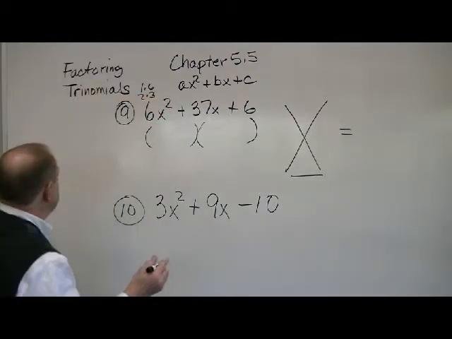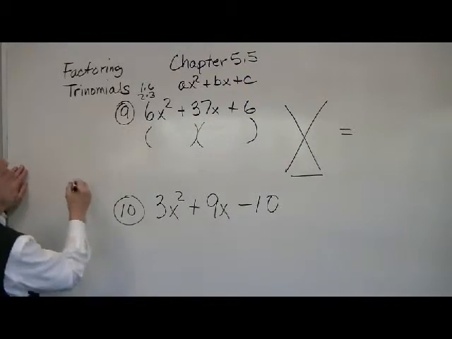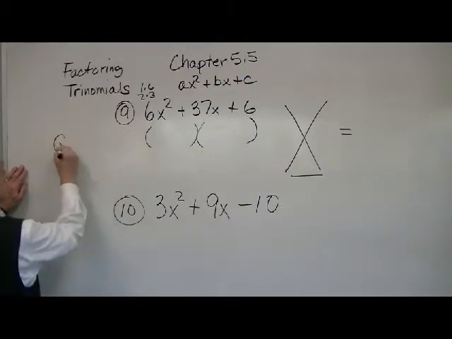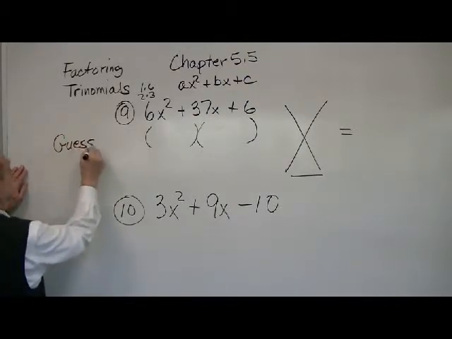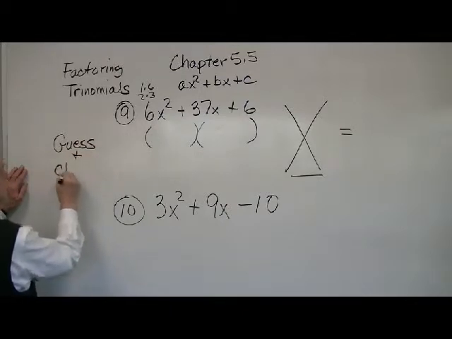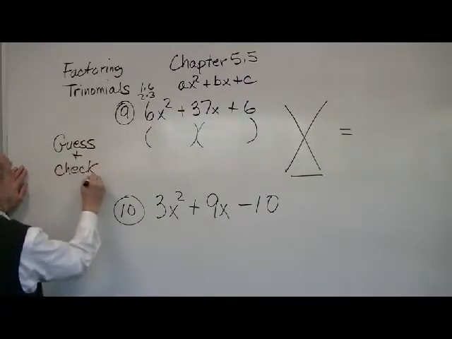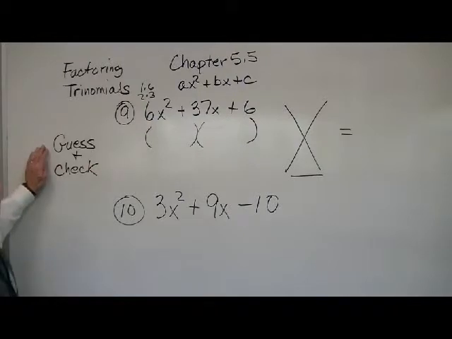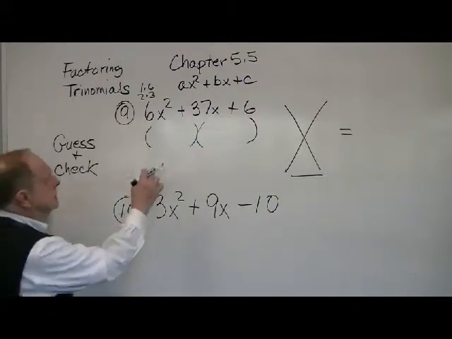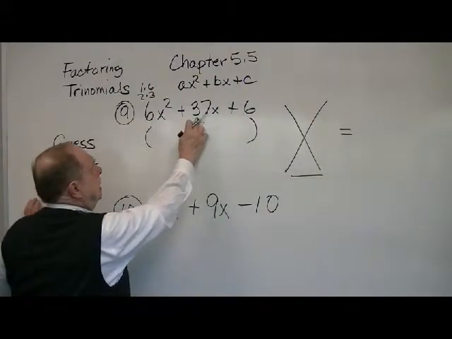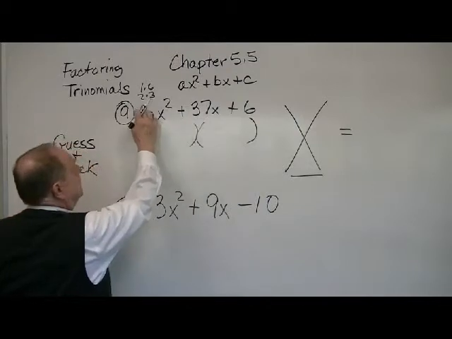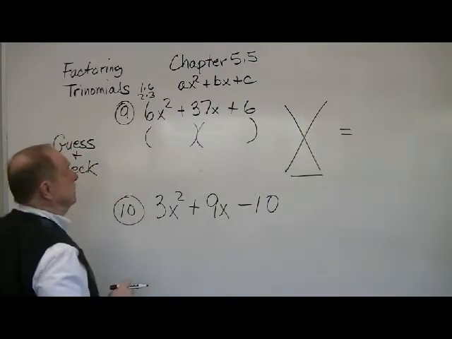So what we often think of is guess and check. So another way, trial and error, guess and check. Now since this number in the middle is so big, I don't think it's going to be a 2 or 3.